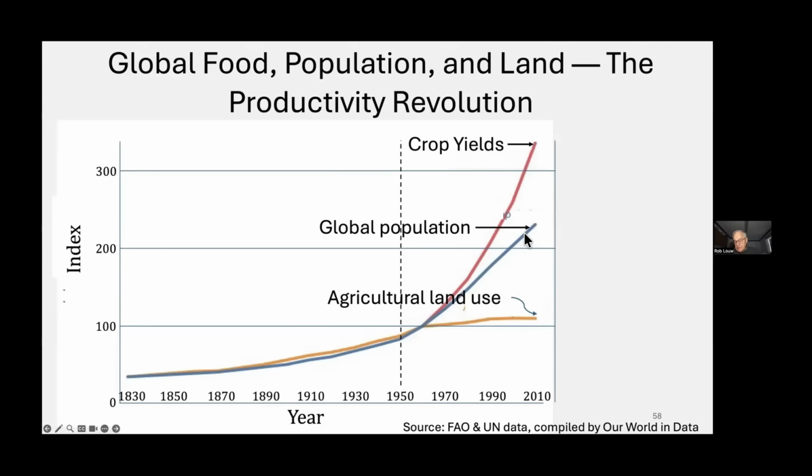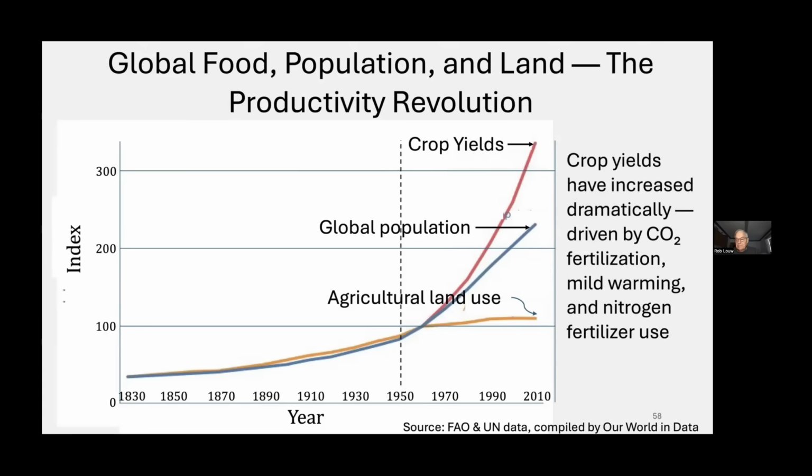So fortunately, as things are at the moment, the crop yields have increased because of the CO2 fertilization, which you saw in the rising CO2 in the previous chart. And of course, nitrogen fertilizer use and other nutrients are clearly needed to do this.